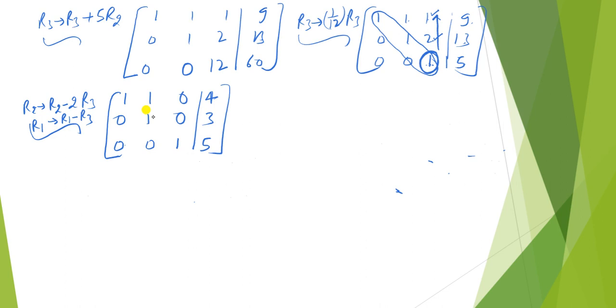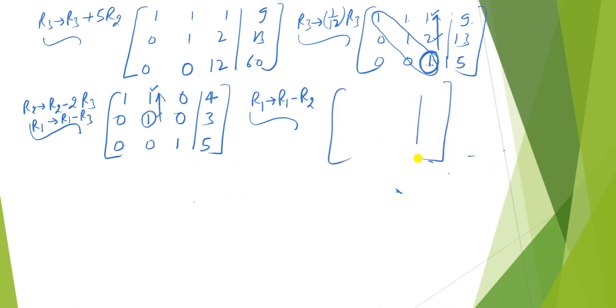Now this is the key element and with the help of this key element make this entry 0. So here perform the row elementary operation R1 minus R2, that is if we subtract 1 from 1, then 1 minus 1 is equal to 0. So the change is in the first row.